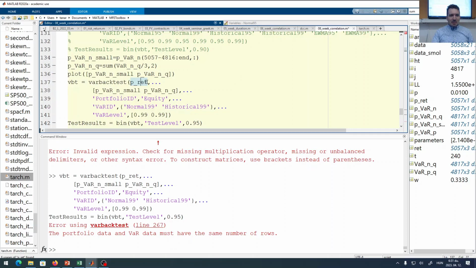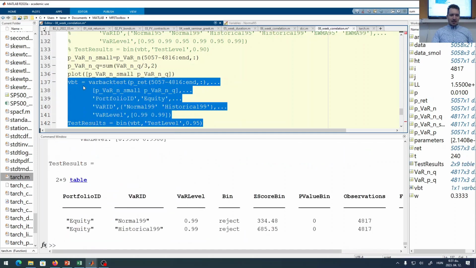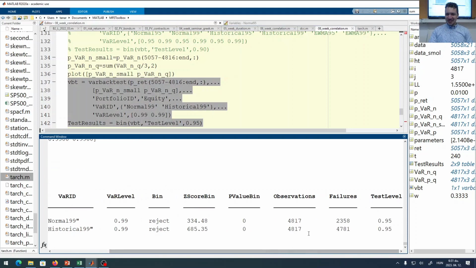Oh, I'm not using the same number of rows, because this return is also. Now I'm using the same amount of rows. And it rejected it. Yeah, not able to use any of them for calibration. So, good job, Taylor's observations.